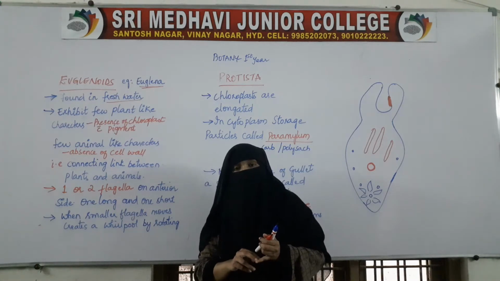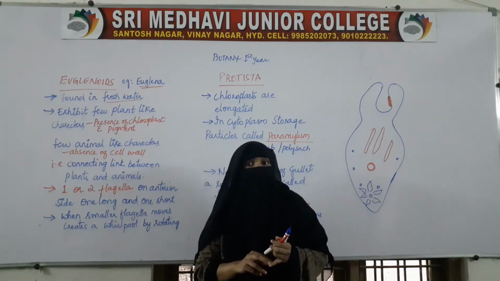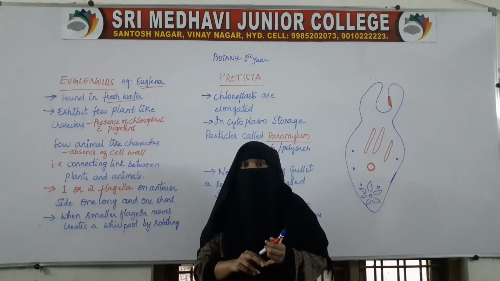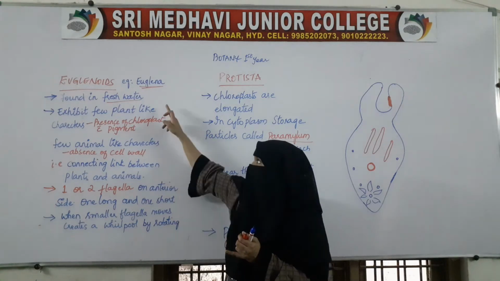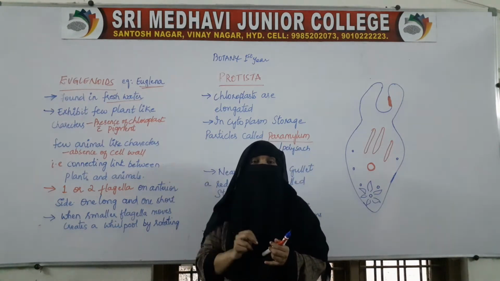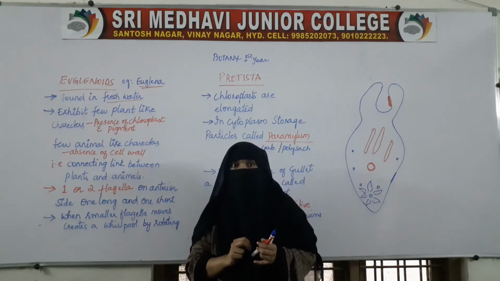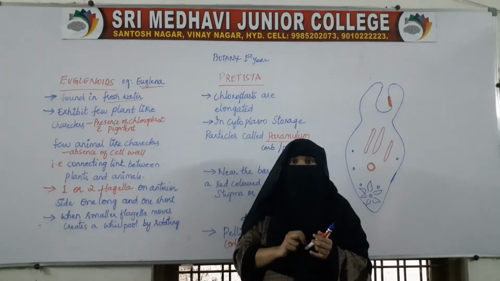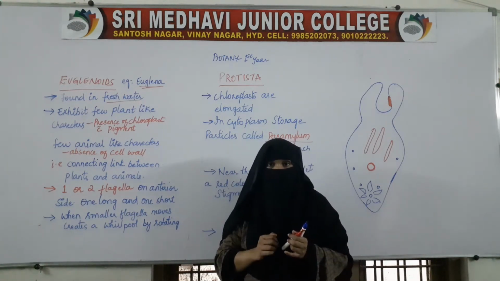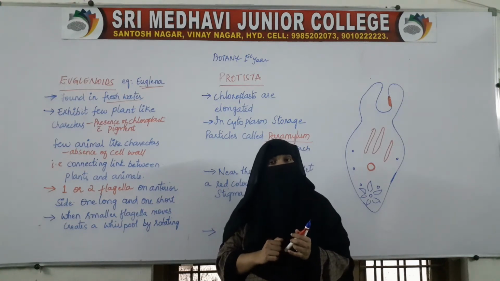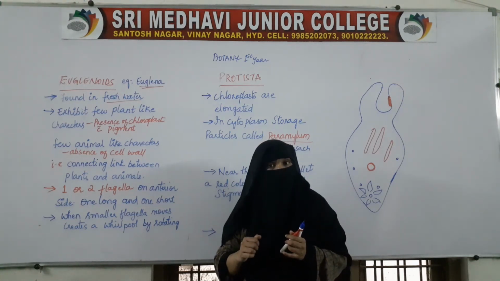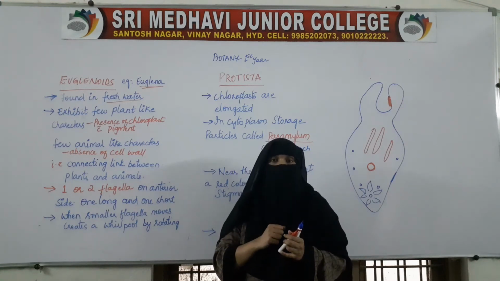All plants have cell wall and all animals lack cell wall. But in Euglena, cell wall is absent. So, absence of cell wall is an animal-like character. Presence of chloroplast with chlorophyll pigment is a plant-like character.